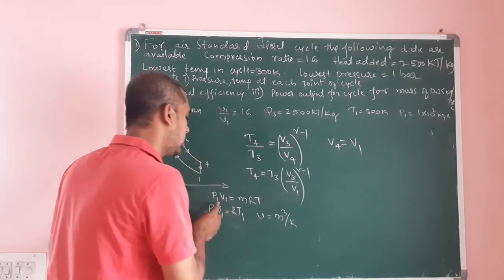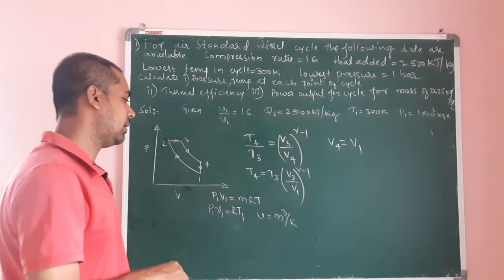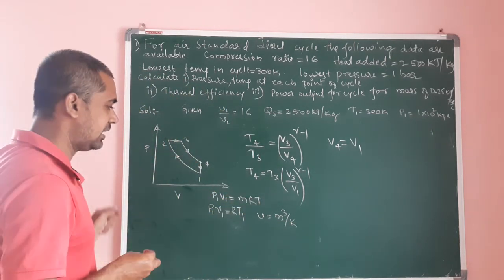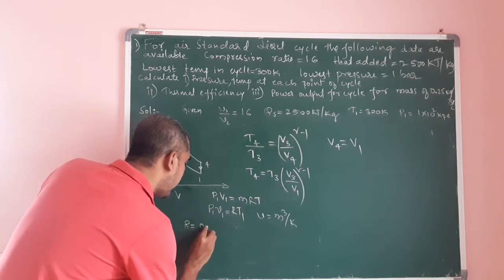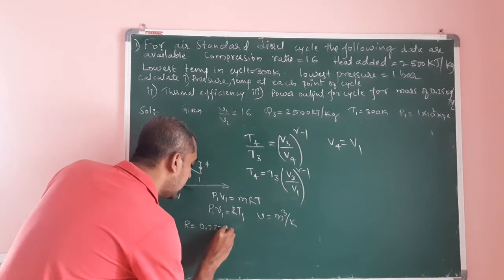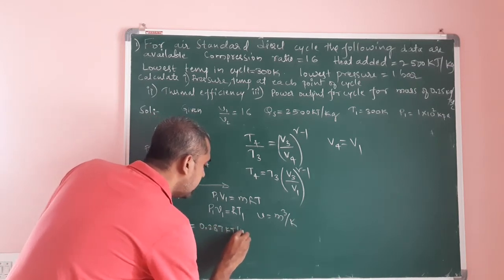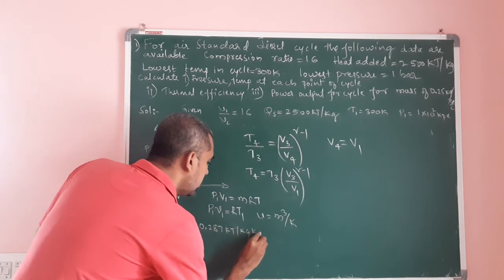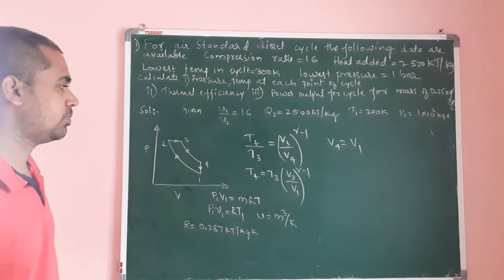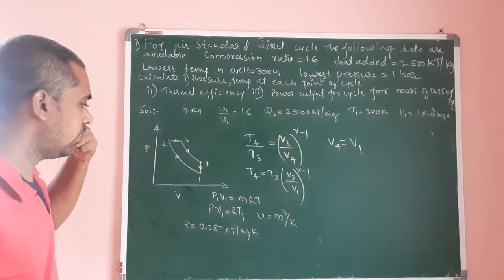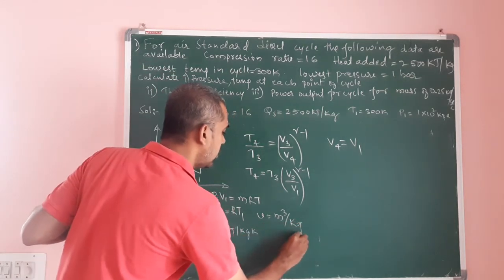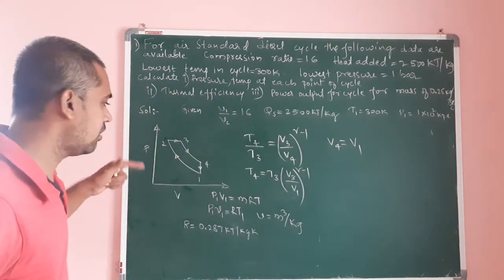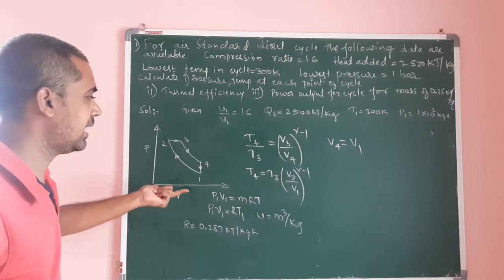It is total volume capital V divided by M, and R is the characteristic gas constant, R equal to 0.287 for air, kilojoule per kg Kelvin. Using this formula, we can calculate small v1. Once we calculate v1, we can calculate v2, then v3, then v4.